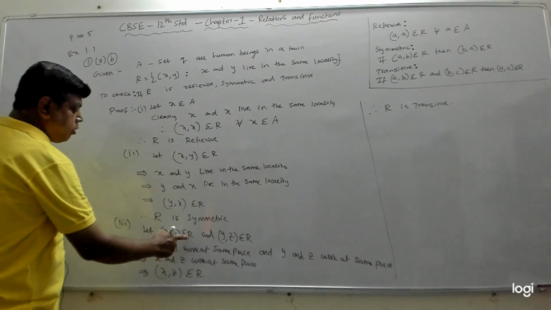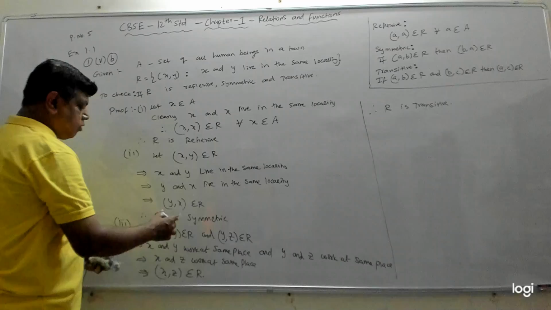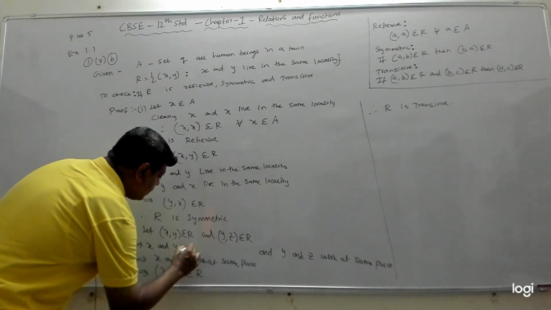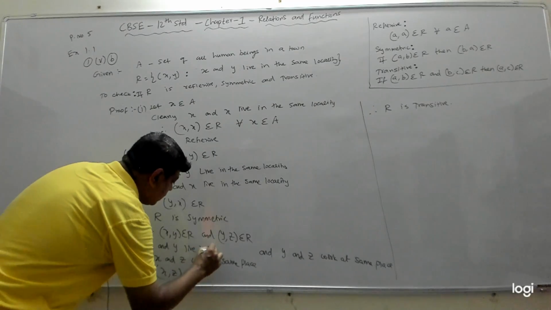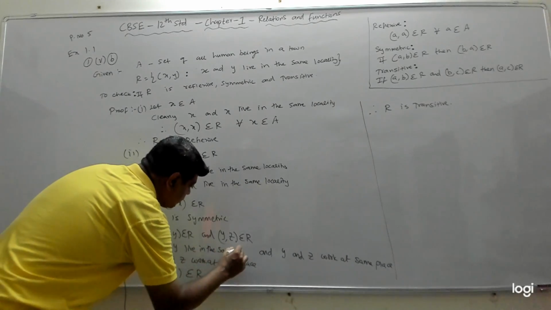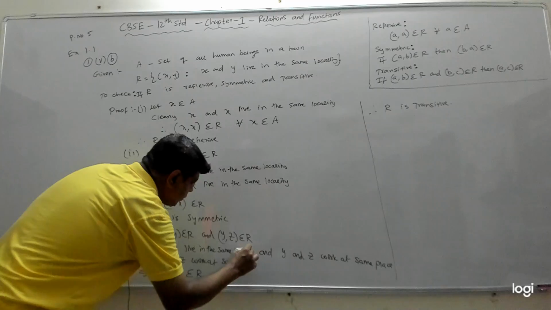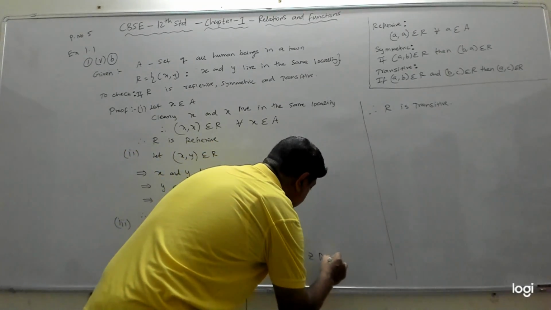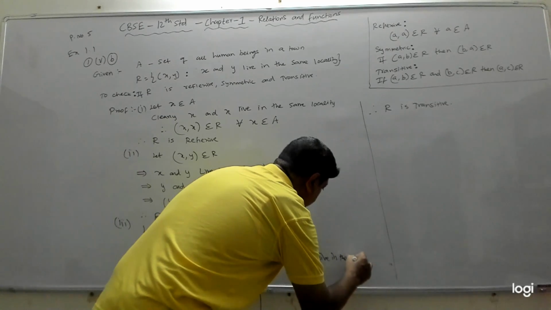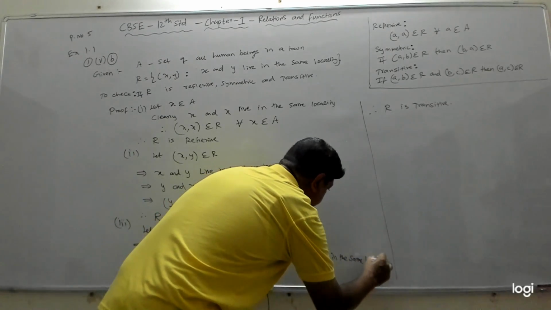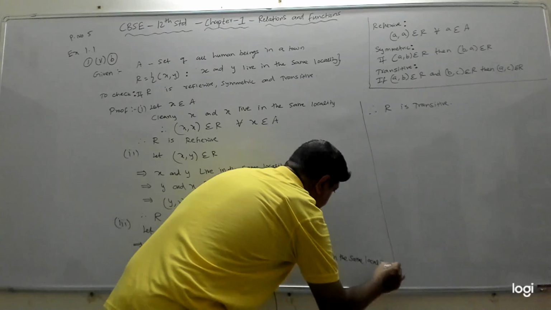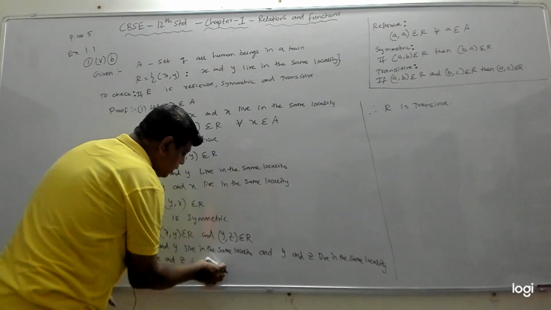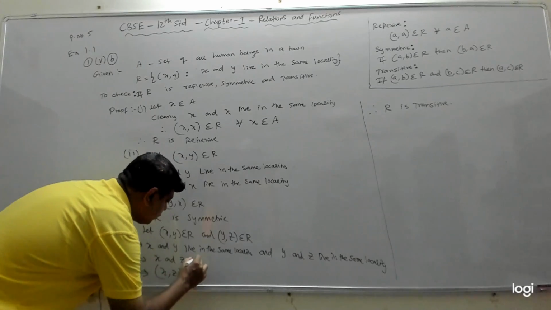Now let x comma y belong to R and y comma z belong to R. This is for transitivity. Then we can say x and y live in the same locality and y and z also live in the same locality. Therefore this implies x and z also will live in the same locality.